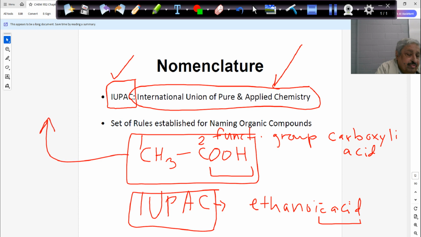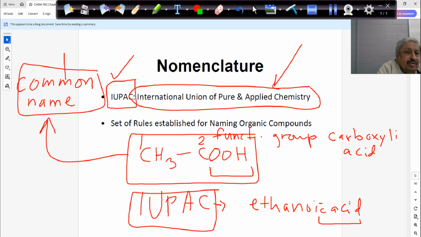However, we have a common name. You will see that's typical for organic compounds, not the inorganic compounds, other chemicals, just specific organic. The common name is called acetic acid.